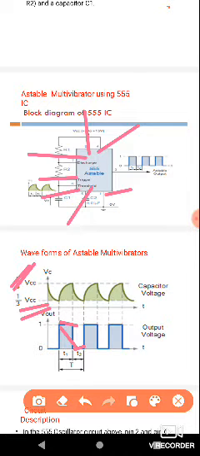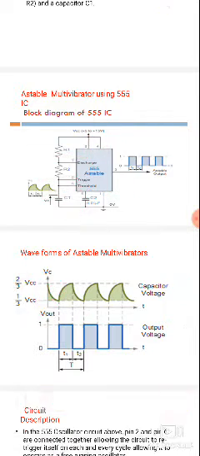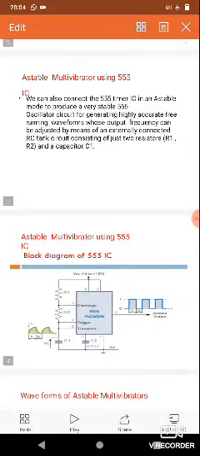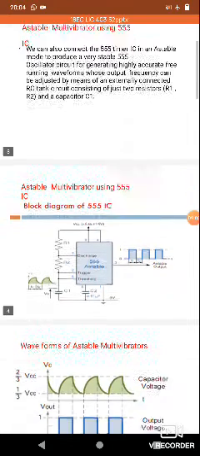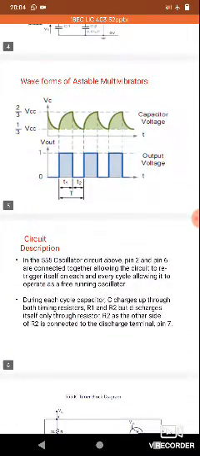This is the capacitor voltage and output voltage. The output frequency can be adjusted by using these two external resistors and one capacitor, C1.